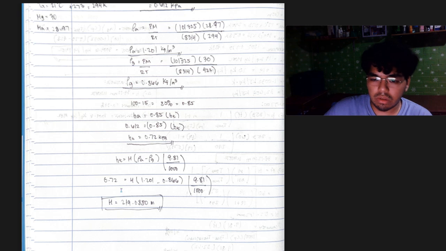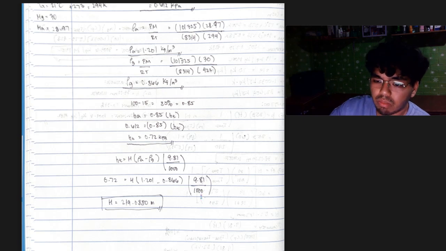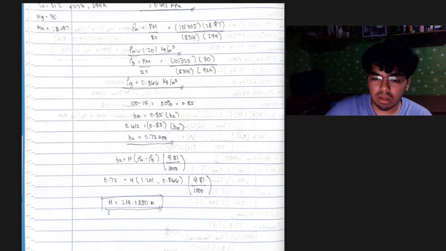Then substitute: 0.72 is equivalent to H times 1.201 minus 0.866 times 9.81 over 1000. Shift solve, then the final answer will be 219.880 meters for the height.